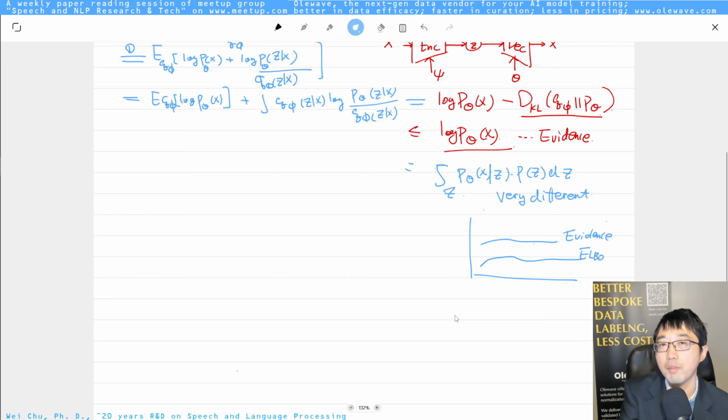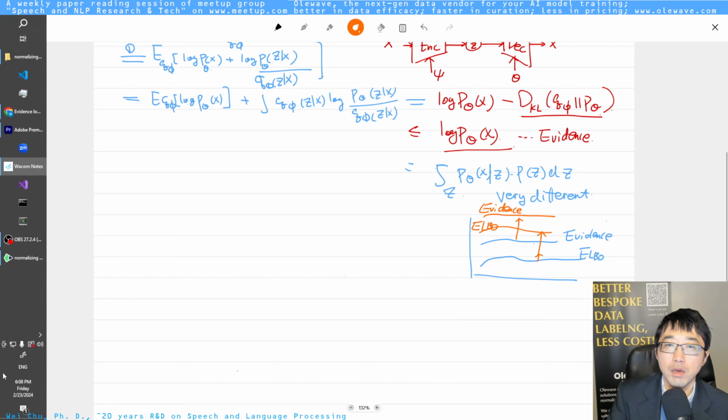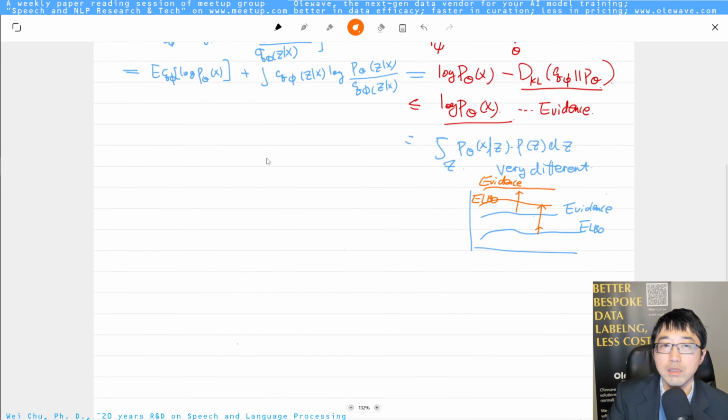But if I am capable of pushing my ELBO to here, this is my new ELBO, and then this evidence would no longer be here, it would be somewhere here, right? That means by maximizing your lower bound, your objective function actually got pushed up. Make sense? So that's the definition of ELBO.